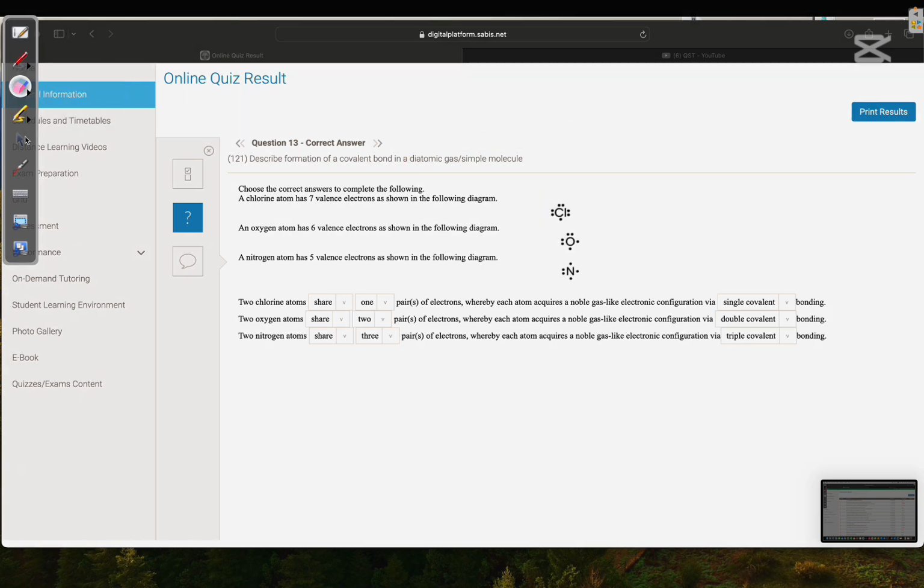Okay, now nitrogen. 1, 2, 3, 4, 5. 1, 2, 3, 4, 5. Now nitrogen is in group 15, meaning that each nitrogen needs 3 electrons to get noble gas configuration.